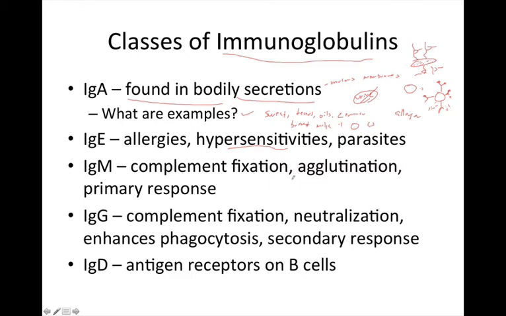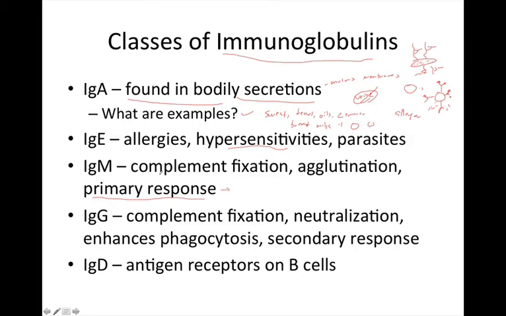IgM and IgG are always the more confusing ones because they're similar in function. But basically, the key thing associated with IgM is that when we say primary response, we're saying that when we first come in contact with an antigen, the first time we see it and react to it, this is the antibody that we secrete in high amounts.